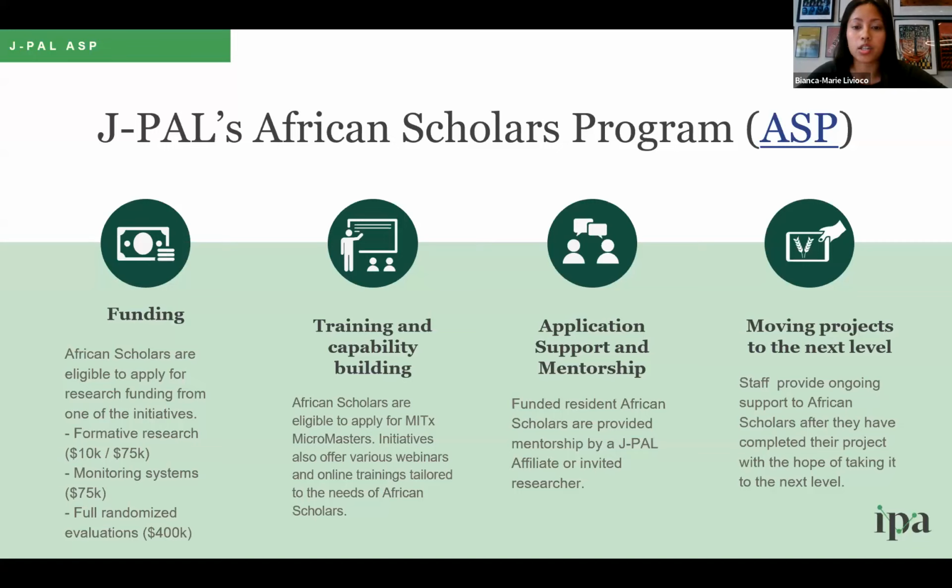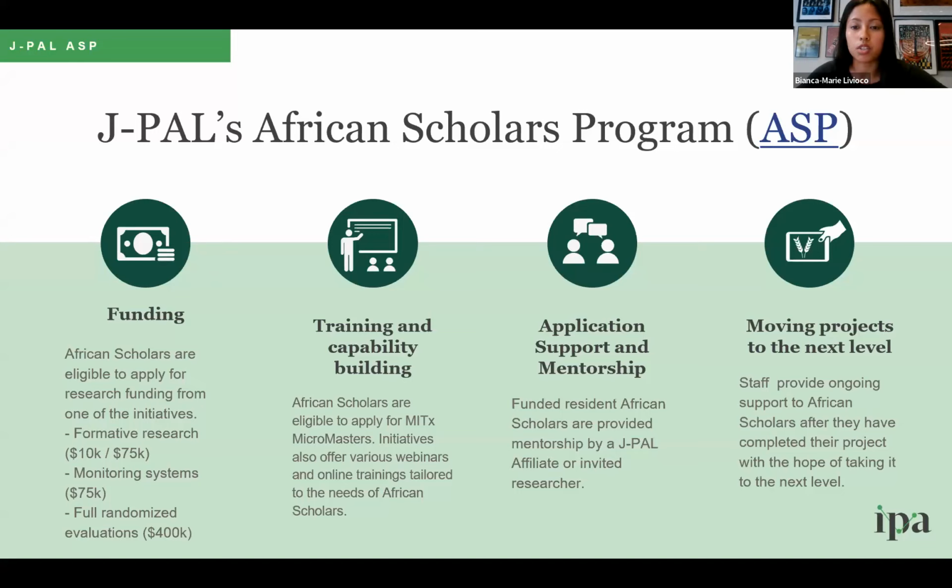The African Scholars Program provides access to JPAL funding to conduct RCTs. There are 3 types of funding JPAL provides under 4 initiatives. We'll get into the initiatives in the next slide, but just a quick breakdown of the funding and their budget caps as listed to the left on the slide here. For formative research, there are 2 subgroups of funding. The first is for proposal development grants, which is up to 10K.